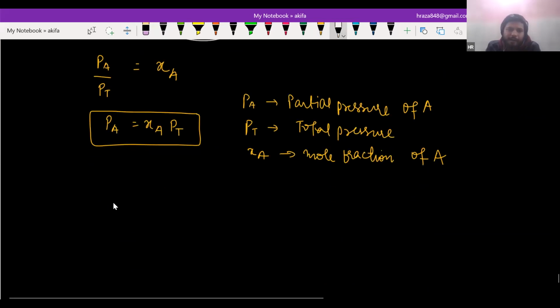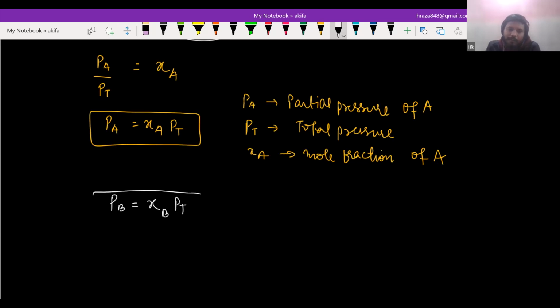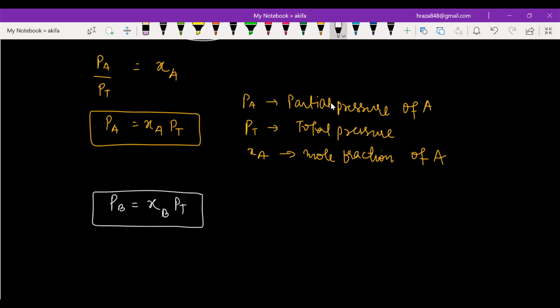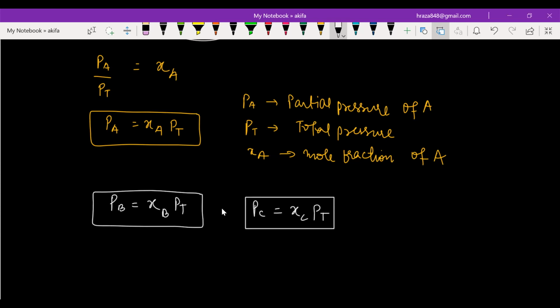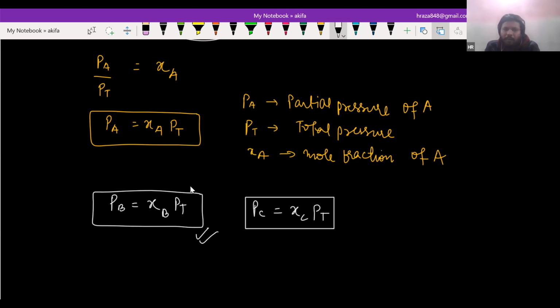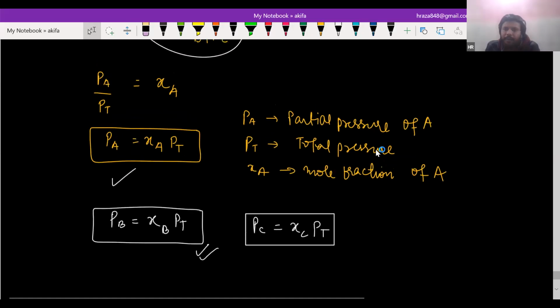So can I write directly PB will be mole fraction of B into total pressure? Yes. And I can also write PC will be mole fraction of C into total pressure, right? Yes. So this is the formula for Dalton's law of partial pressure. I'm going to show you again. Please write it and let me know.